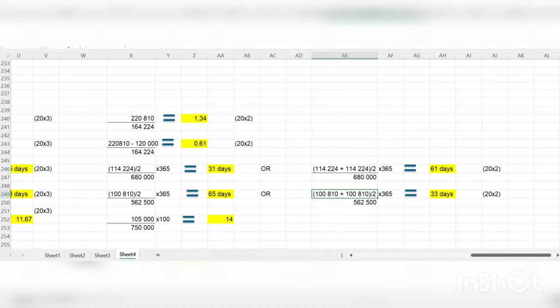So I would stick with these ones where it's just one value divided by 2. But yeah, I'm open to hearing what you have to say as well. If we use 0, then this is 31 days and 65 days will be the answer. And if we use the same value 2 times, we'll have 61 days and 33 days.